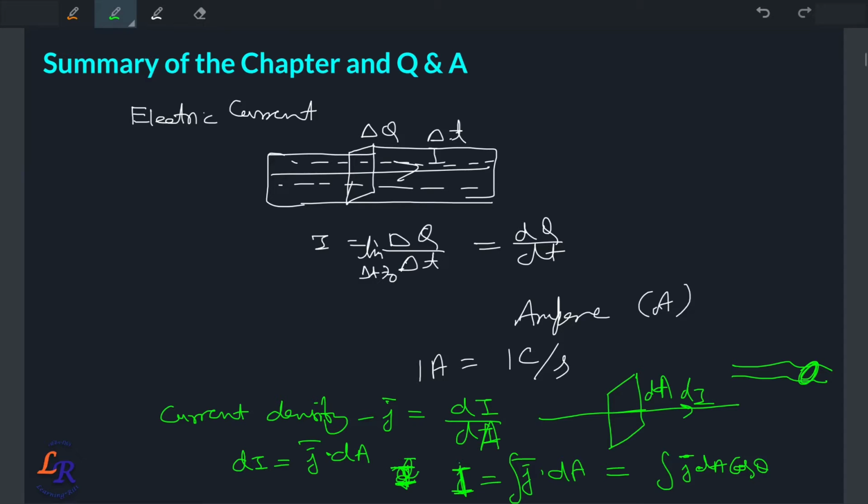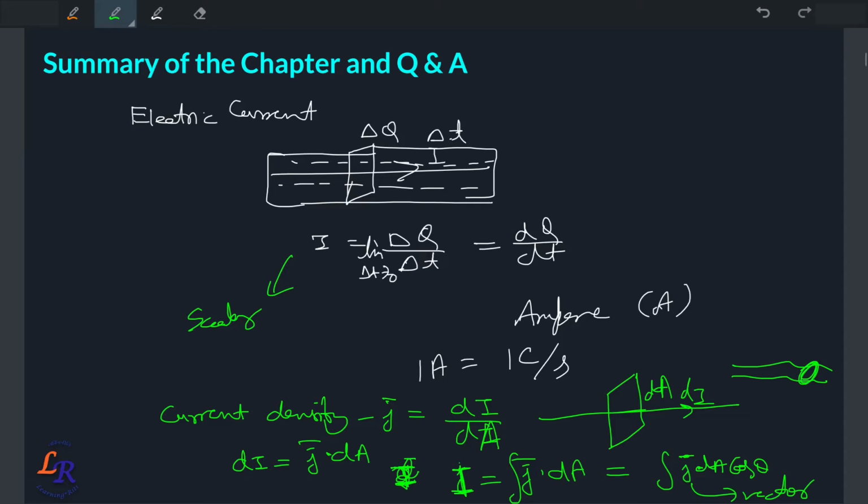An important point: current is a scalar, and current density is a vector quantity. It is a vector because it has direction, being associated with the cross-sectional area, so the angle it makes defines the direction in which current is flowing.